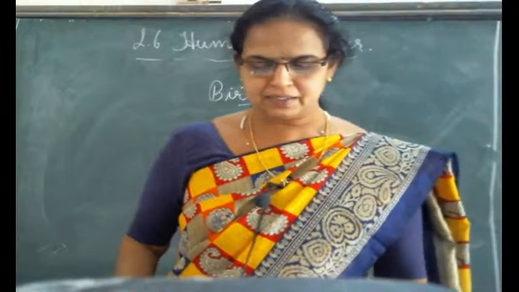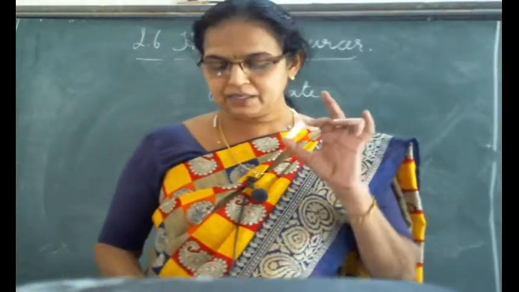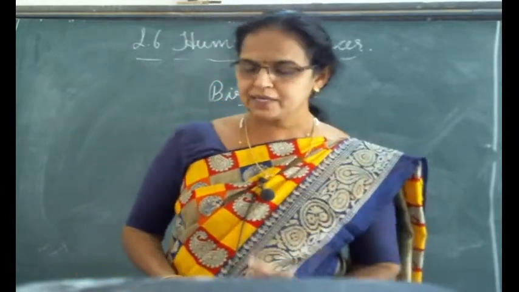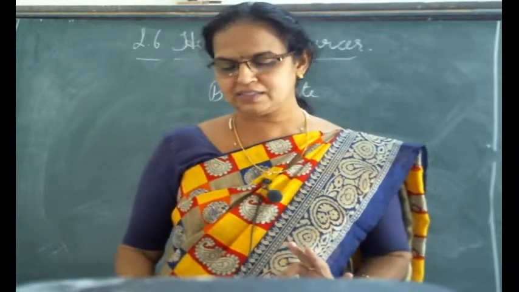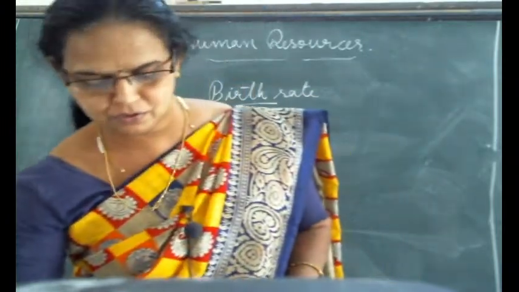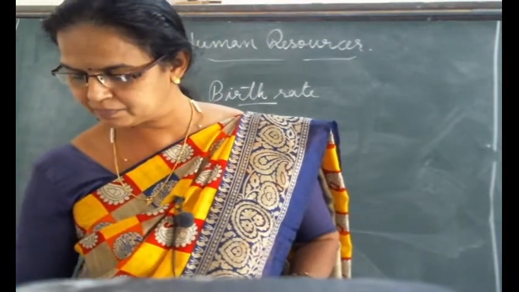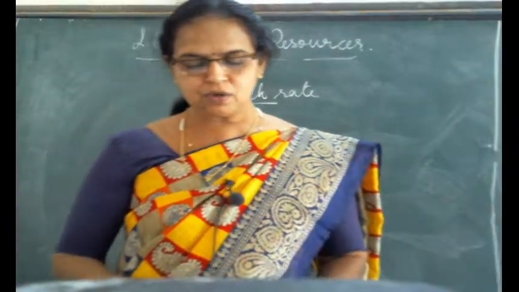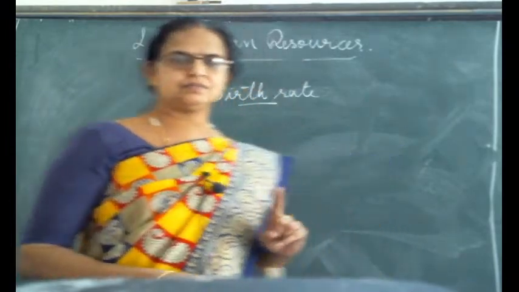What is birth rate? The total alive infants in 1 year per 1000 persons in a given area is known as birth rate. Underline the definition. The total alive infants in 1 year.